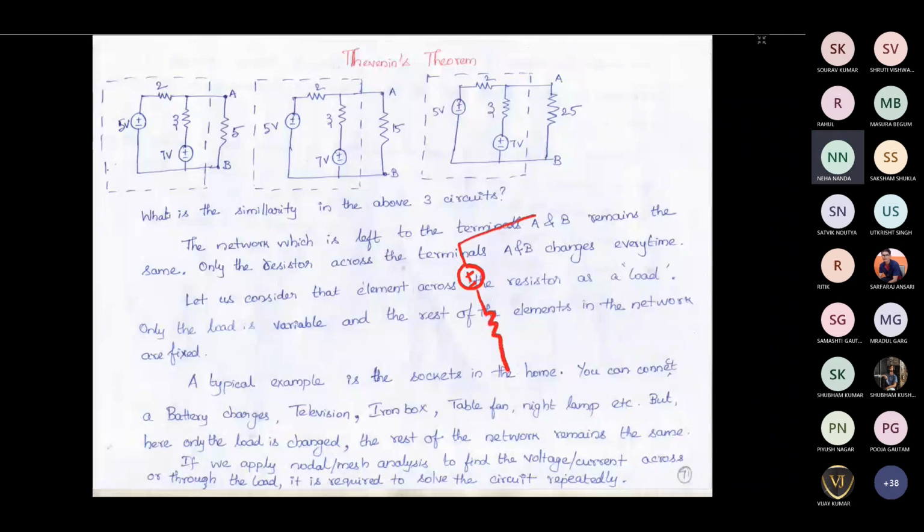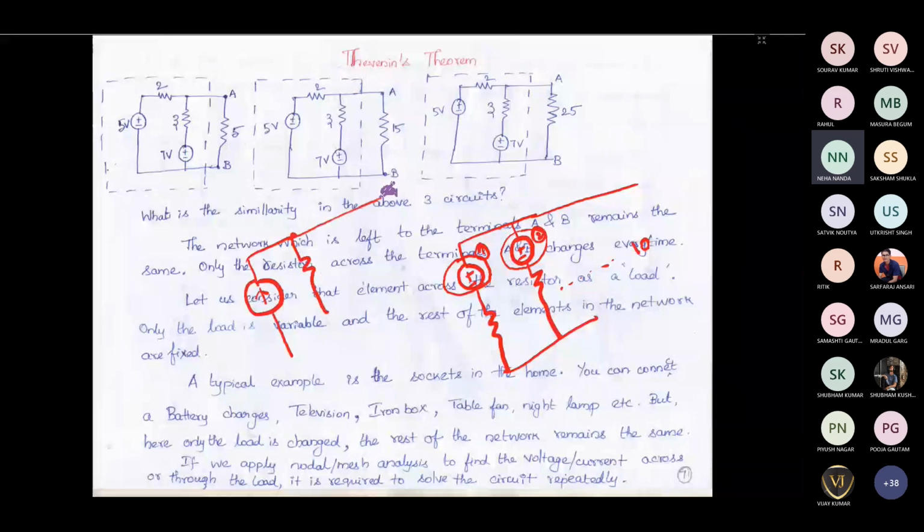If you have n number of combinations like this, this is one, this is two, and let's say you have 10 branches in parallel, then it will become difficult to solve this circuit as it is. If you do the source transformation, it becomes very easy, because all those voltage sources will be replaced with their equivalent current sources, a current source with a resistor like this. Now if you convert all the voltage sources like this, then what happens?